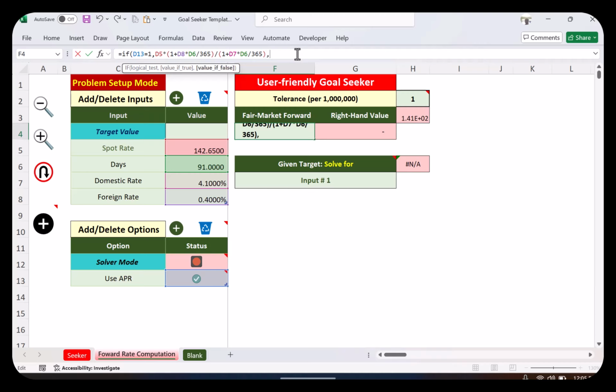Alternatively, my interest rates are effective annual rates, so that means I'm going to take the spot rate times 1 plus the foreign rate raised to the power number of years. I'm going to make sure I have the right parentheses. 1 plus the domestic rate raised to the power number of years.